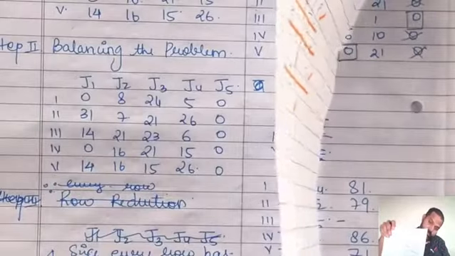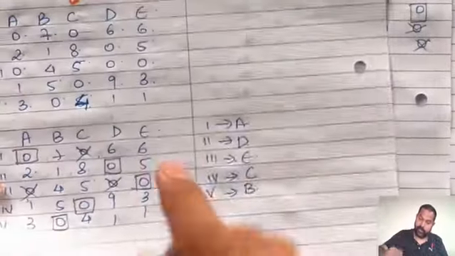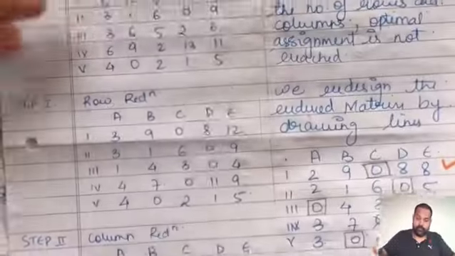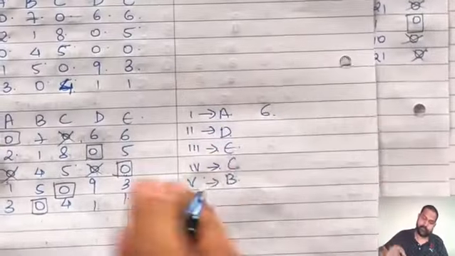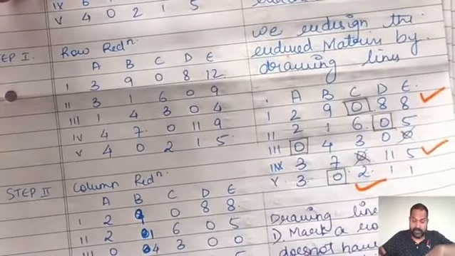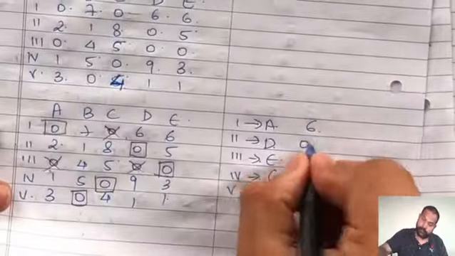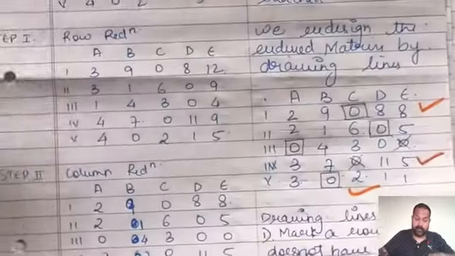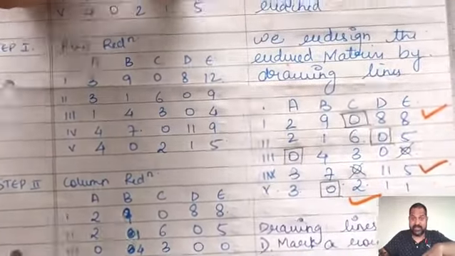Now, where is my original question? Is also a very good question. Yes, I got it. 1 goes to A, the answer is 6. Okay. 2 goes to D is 0. Okay. 3 goes to E is 6.